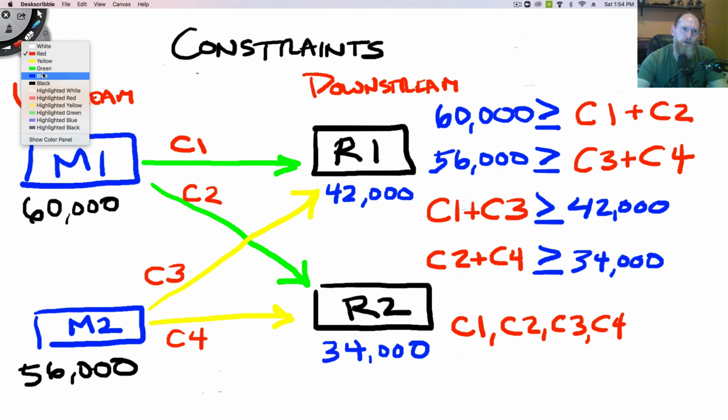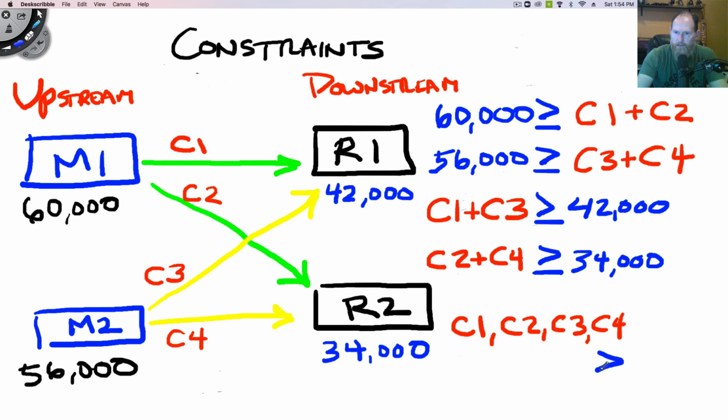So we need to tell Solver that we need these variables to be greater than or equal to 0. And that's our non-negativity constraint. Okay, and this is arguably the toughest part of the pre-work before we go into Solver, and that completes the pre-work that we need to do before we go into Solver.